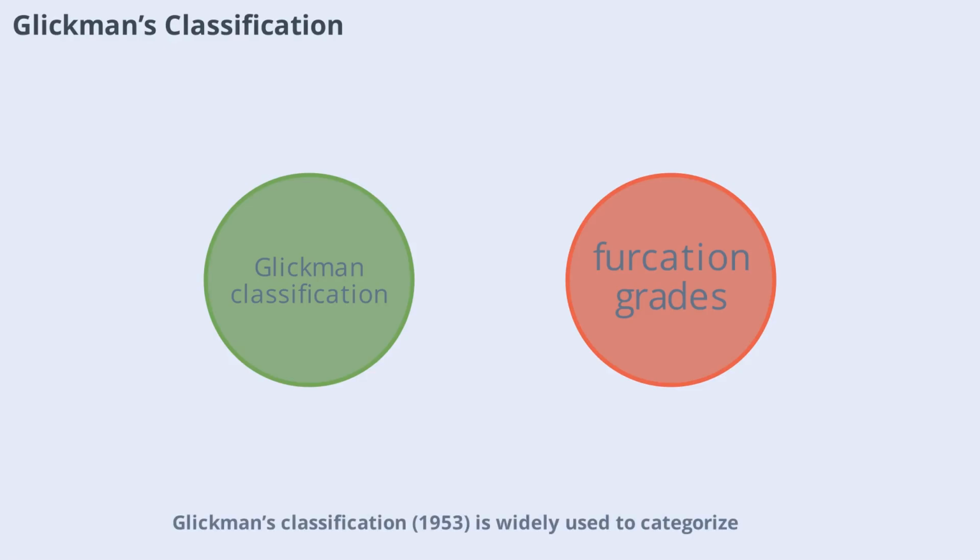Glickman's classification, 1953, is widely used to categorize furcation involvement based on clinical and radiographic findings. Grade 1 represents an incipient or early lesion with slight bone loss and no radiographic changes. Grade 2 involves partial bone destruction, forming a cul-de-sac with possible radiographic evidence.